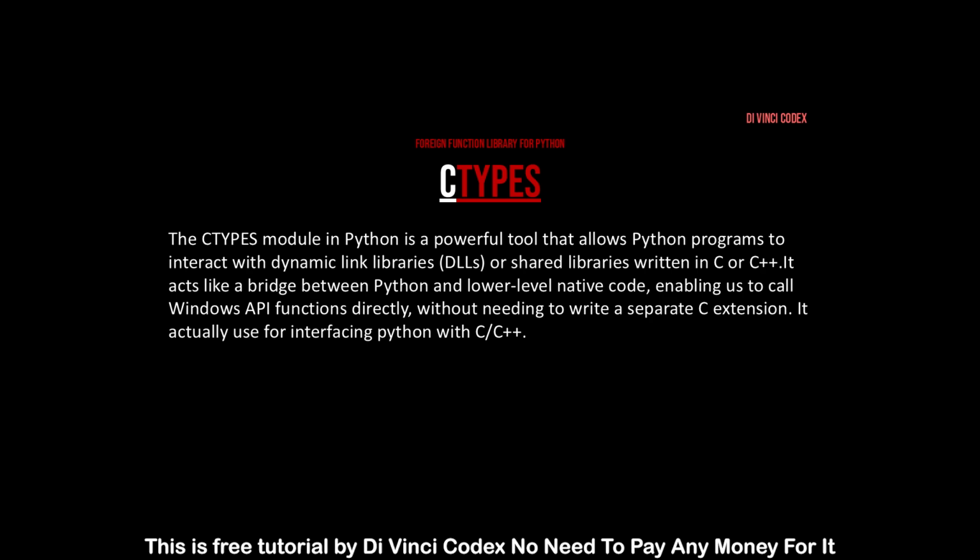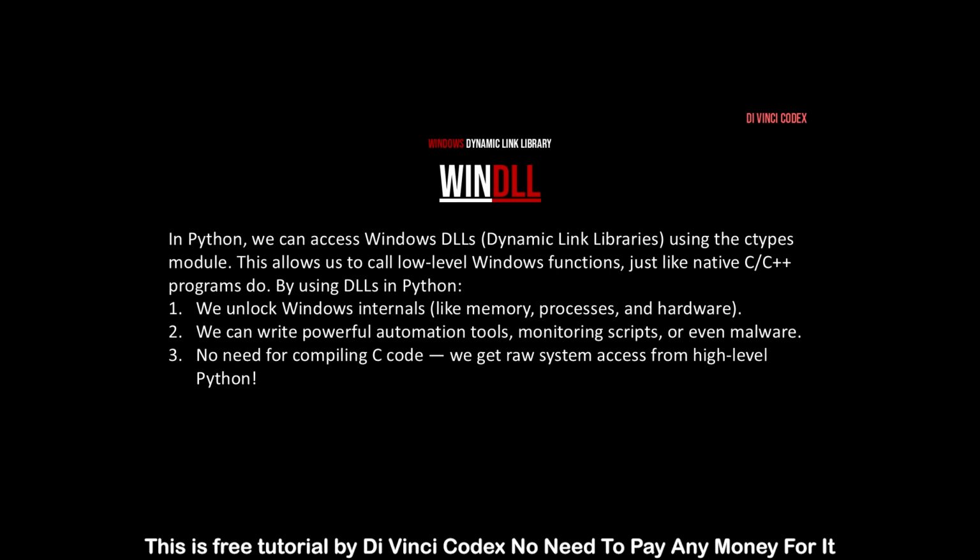So, guys, we will begin by introducing ctypes, a crucial module for our project. We will explore its importance and how it works with WinDLL and kernel32 to interact with the Windows system functions, such as retrieving drive letters. So in Python, we access Windows DLLs using the ctypes module.